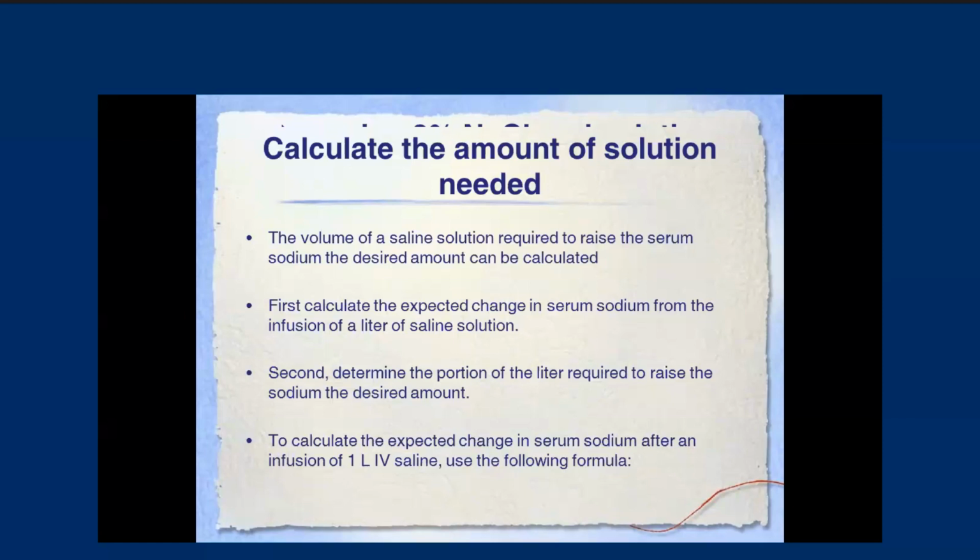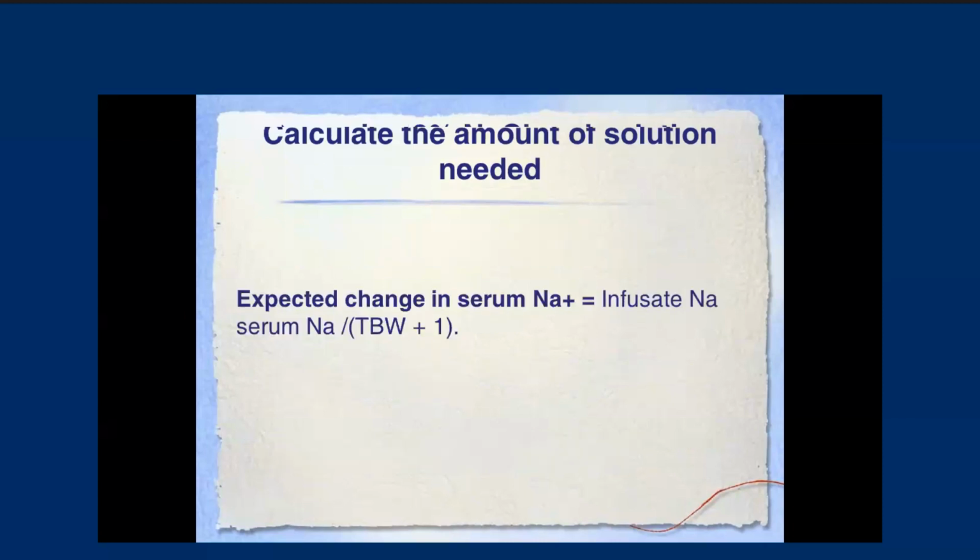To calculate the expected change in serum sodium after infusion of 1 liter of IV saline, we can use the formula below. It is for an IV saline, but for resource-limited areas like ours, we can use it for PO too. So the expected change in serum sodium equals infused sodium minus serum sodium, over total body water plus 1.